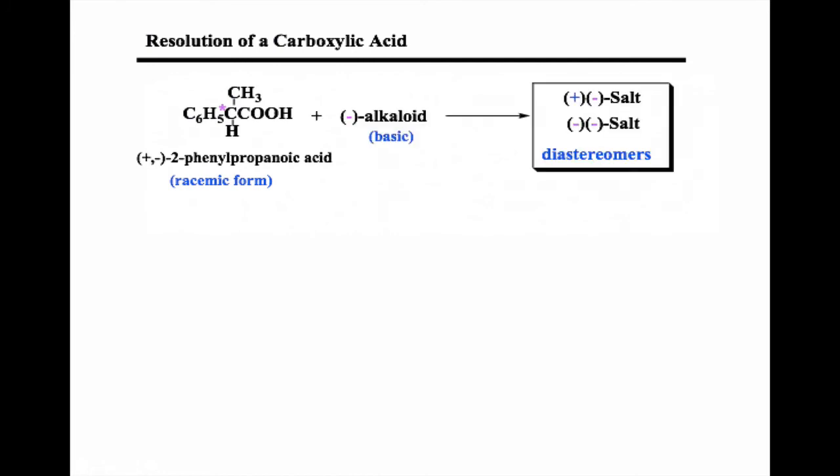So how can we separate the R from the S? Well, one of the things that we can do quite easily is react this with a base that is also chiral, and we can get these from Mother Nature. These are called alkaloids. Don't worry about the structure of them at the moment. But we know that acids and bases react to give salts. And so if we think of the minus alkaloid, so this just means that it rotates plane polarized light in the negative direction, when this reacts, you will actually end up with a pair of diastereomeric salts.